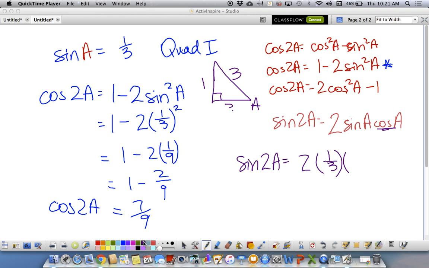A squared plus B squared equals C squared. So 9 minus 1, we get the square root of 8, or 2 times the square root of 2. So then can you find cosine A? What is cosine A?